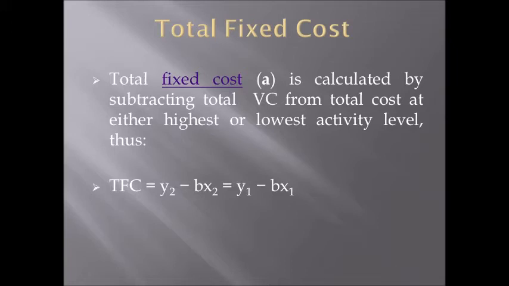Total fixed cost, in the straight line formula the value of a, is calculated by subtracting total variable cost from total cost at either the highest or lowest level of activity. So total fixed cost equals y2 minus b multiplied by x2, or y1 minus b multiplied by x1.